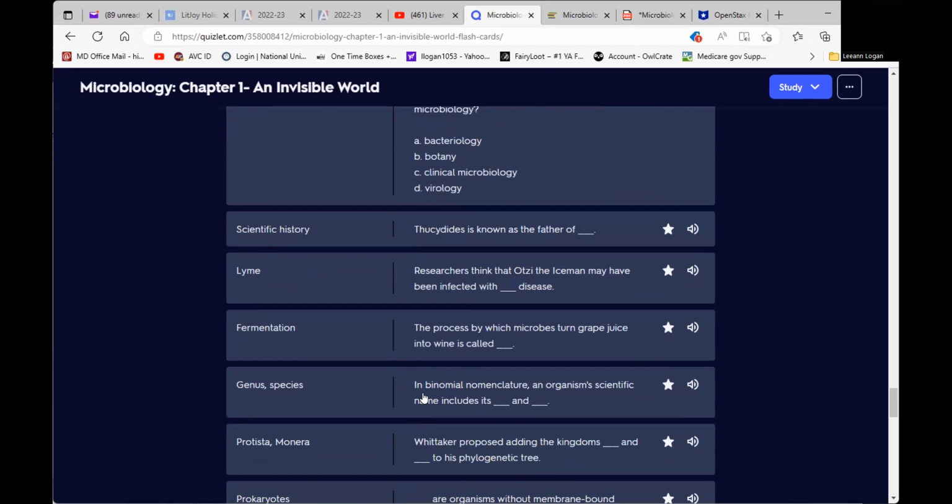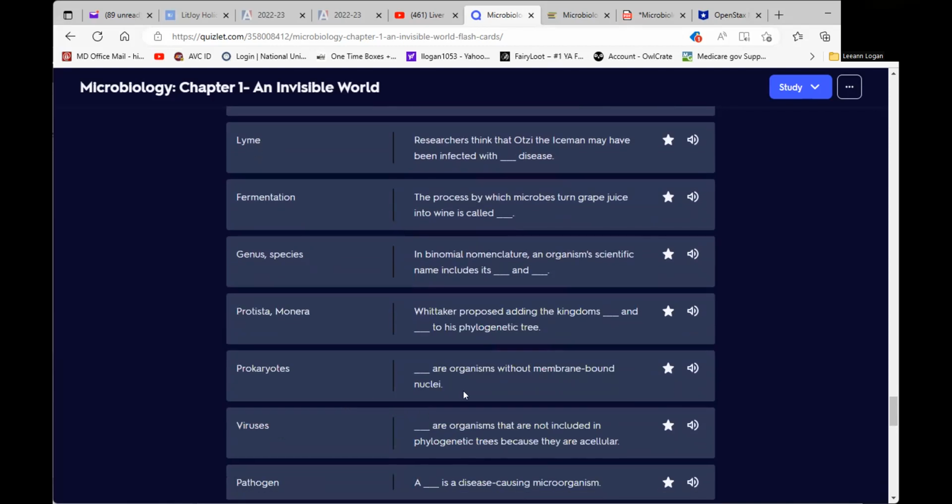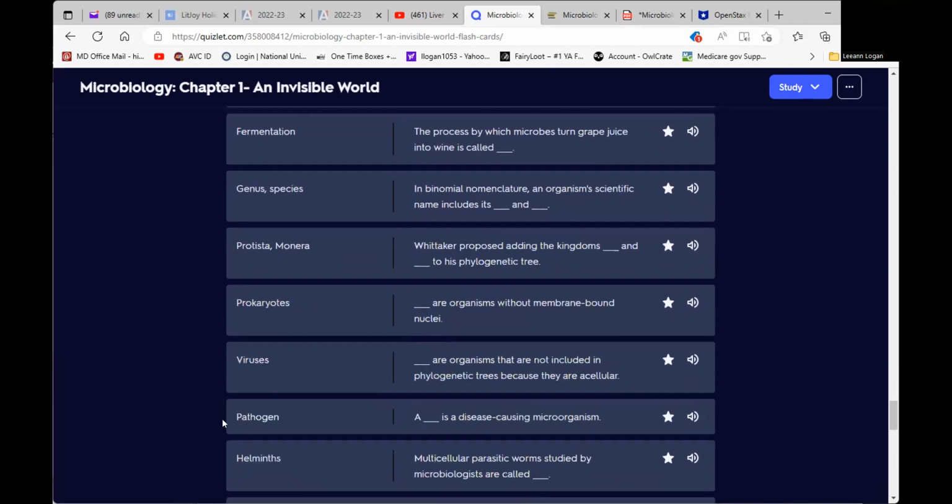Whittaker proposed adding the kingdoms Protista and Monera to his phylogenetic tree. Prokaryotes are organisms without membrane-bound nuclei. Viruses are not included in phylogenetic trees because they are acellular.